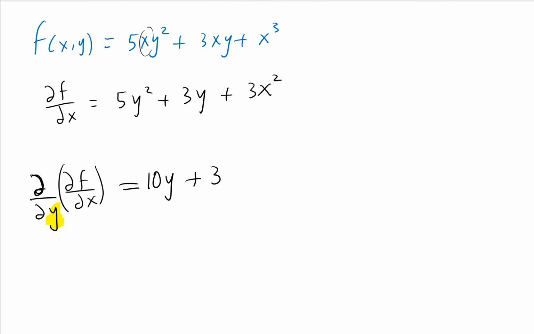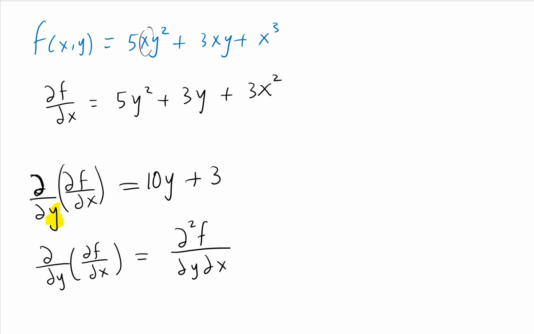What is that thing? Why we took the partial derivative with respect to y again? This can be rewritten as this. Has different notations. This can be rewritten as partial square f, partial y, partial x. It must be this way, not partial x, partial y. So when we do it, we do this one first.